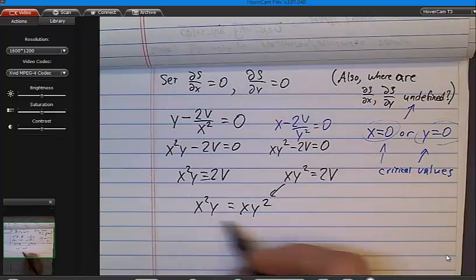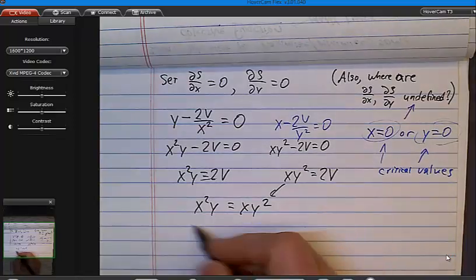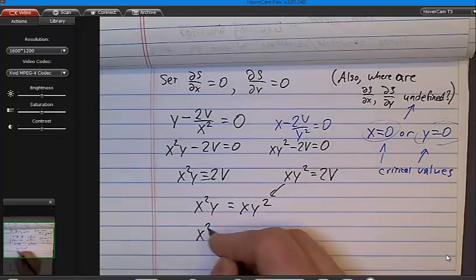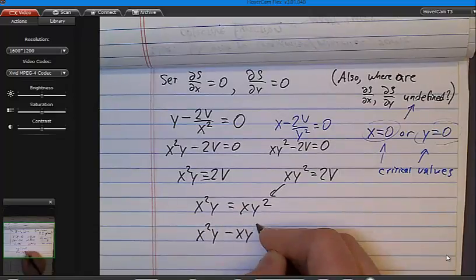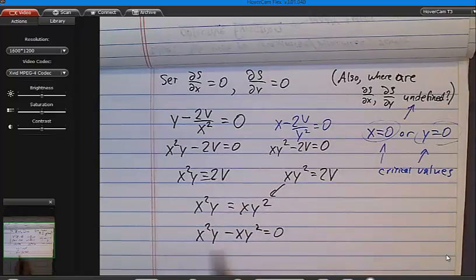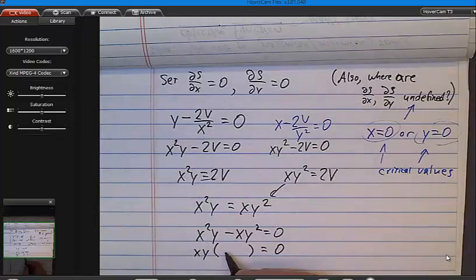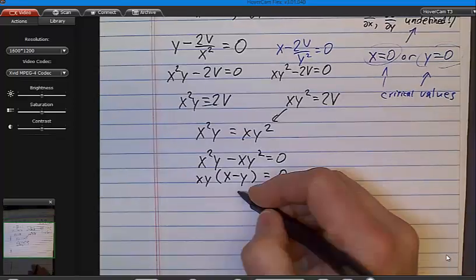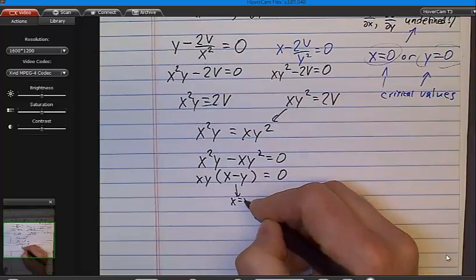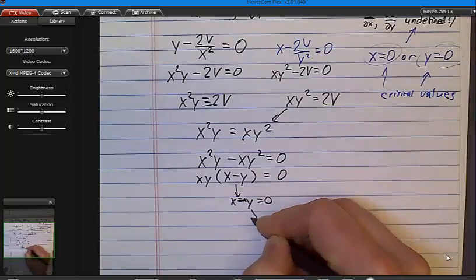Because if we set it equal to 0, right, x squared y minus xy squared equals 0. And if we factor out the common factor of xy, so there's my x equals 0, there's my y equals 0, and the only other possibility is that x minus y equals 0, which means that x equals y, like you guys said.